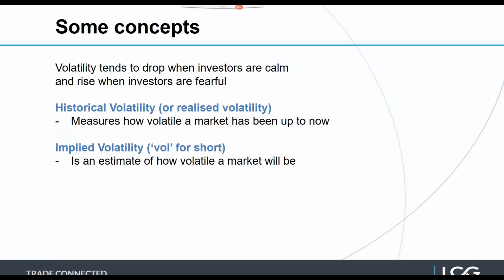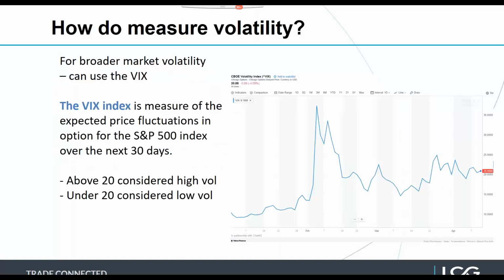And implied volatility is subject to a formula which is open to misinterpretation. What's suggested about future volatility via the implied volatility is not necessarily going to manifest itself, but the formula has logic.